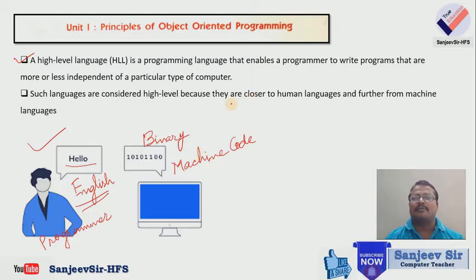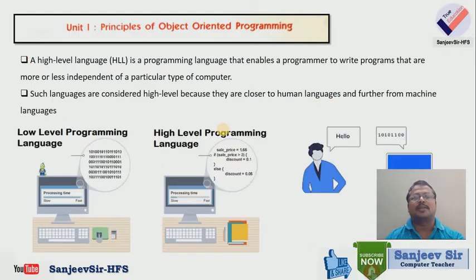High level languages are closer to human language, so they are independent from the machine. In such a way we can write high level programming languages. Next, by the picture, low level programming means binary form, that we are writing the code, but in high level languages we write near to English language.